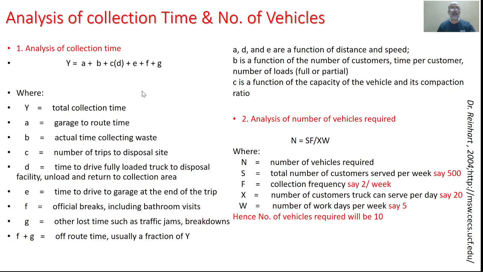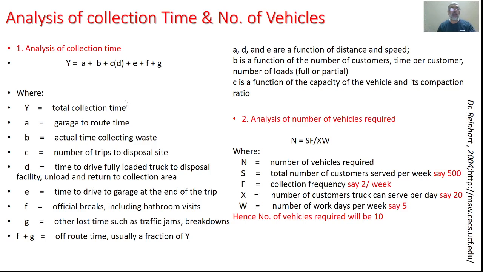D is time to drive that fully loaded truck to the destination facility, unload the content and return to the collection point. E is time to drive to garage at the end of the trip or at the end of the day.